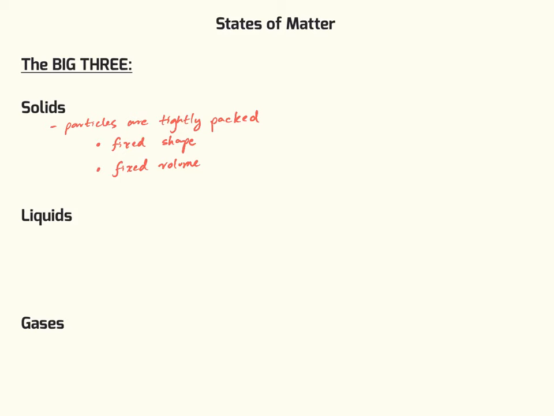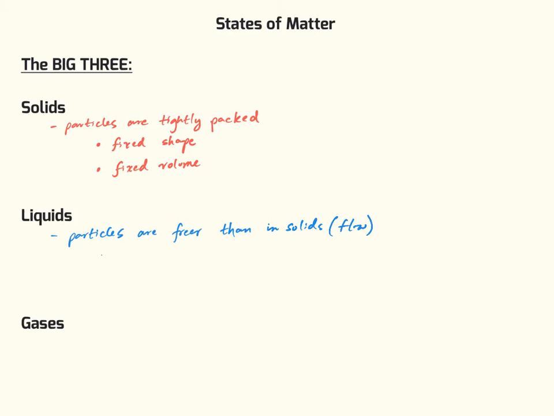Now, for liquids, we know that the particles are a little freer. Is freer a word? I don't know if it is or not. Particles are freer than in solids. I'm going to denote that they can flow.